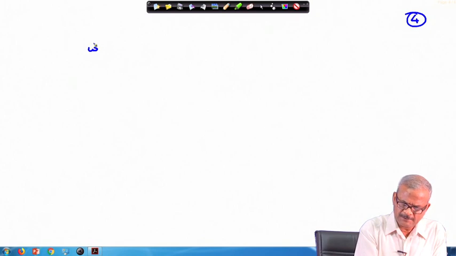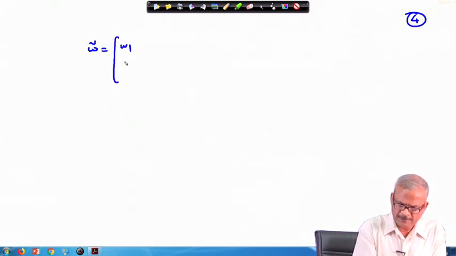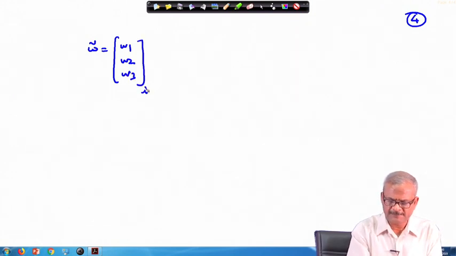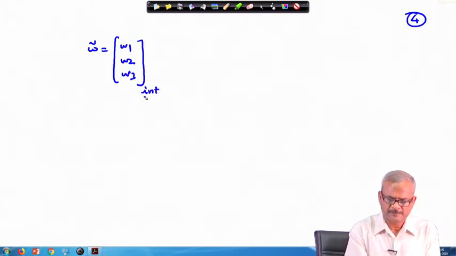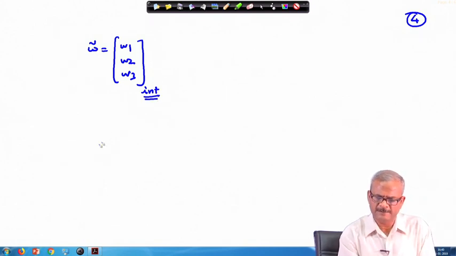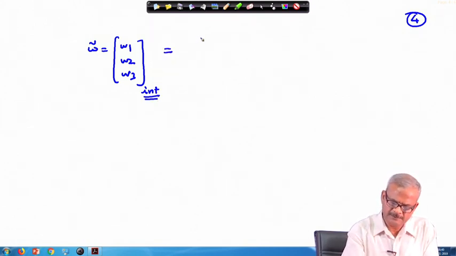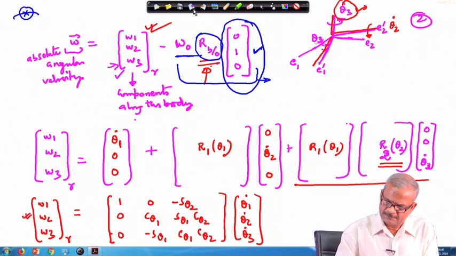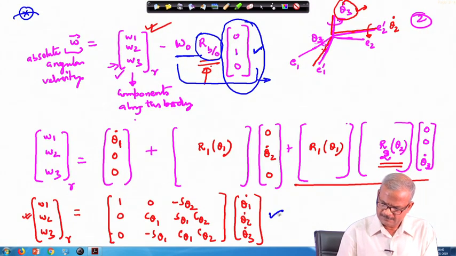So, our omega tilde, which is equal to omega 1, omega 2, omega 3, is with respect to the inertial frame. Inertial frame, I can write this as I n t. So, this becomes equal to the first part, which is here.